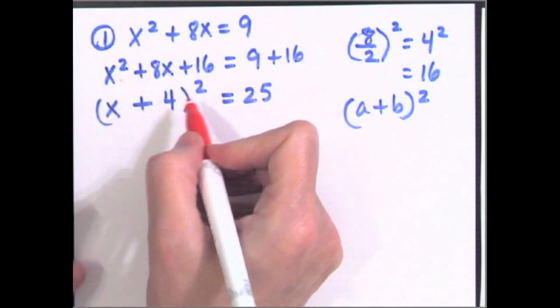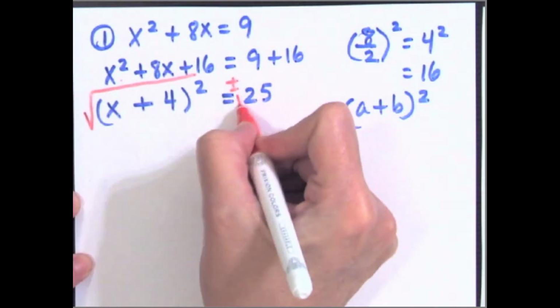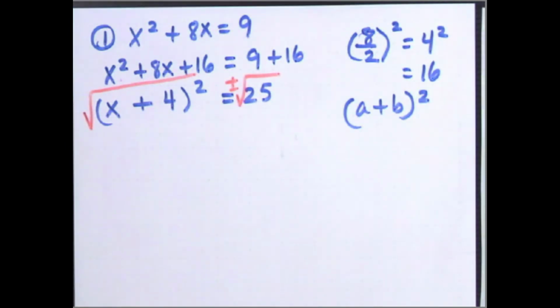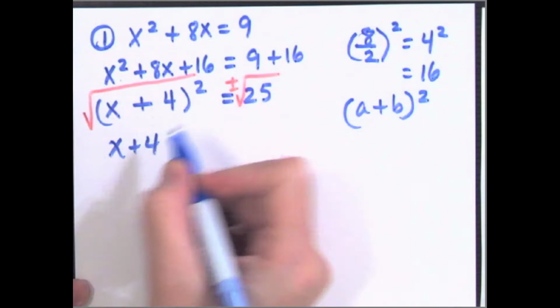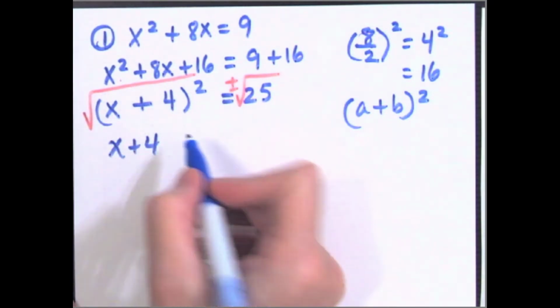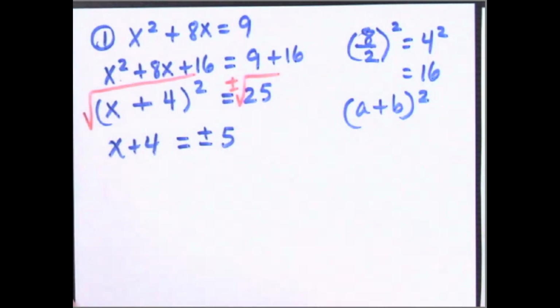Now we want to undo squaring, so we're going to take the square root of both sides. And when we do that, remember it's plus or minus. So that's going to leave us with x plus 4 because your exponent and root are the same. And then the square root of 25 is 5.